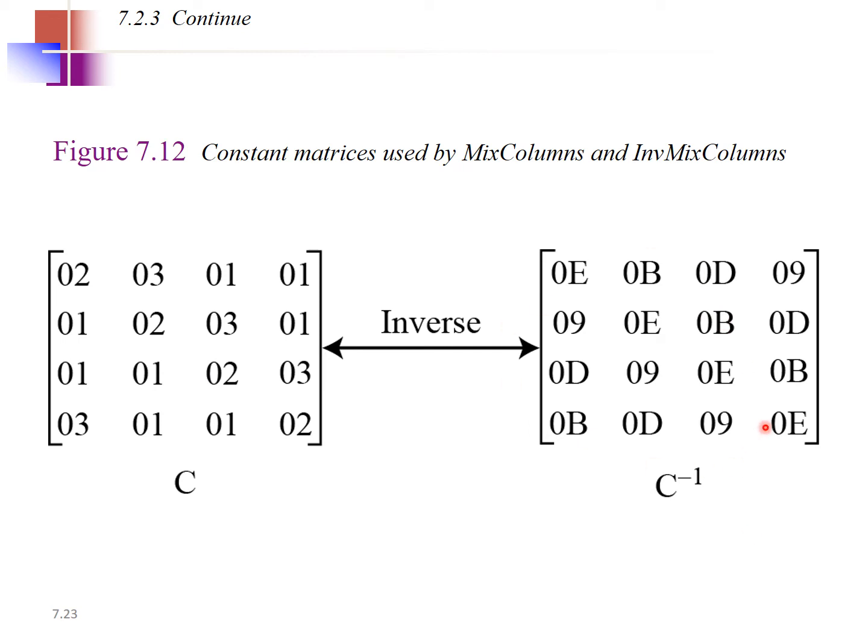Whatever the matrix inversion, how to find the inverse of a matrix, we know. So applying that mathematical method, I will find out the inverse of that matrix. So ciphertext into the inverse of that matrix, we will get the plain text back. So that is what we are performing for decryption in the inverse mixed columns method.